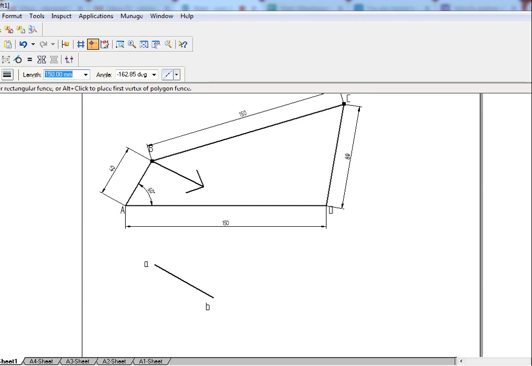You know this is minus 162.85. Then add 90 degrees to this. How much will you get? 252, sir. Okay, so that is the angle.